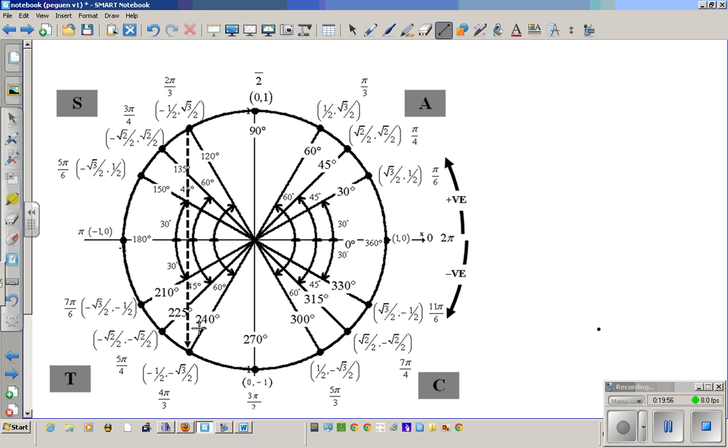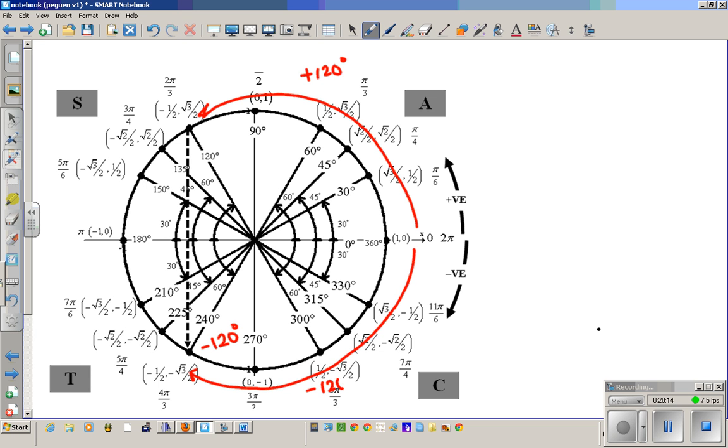The reflection downwards is negative 120. So this right here is negative 120 degrees. Because if you go from here, this angular rotation, that's positive 120. If you go the same amount of degrees the other direction, that's going to give you negative 120 degrees. Or you just reflect the positive downwards. If you're up, you go down. If you're down, you go up. Okay?